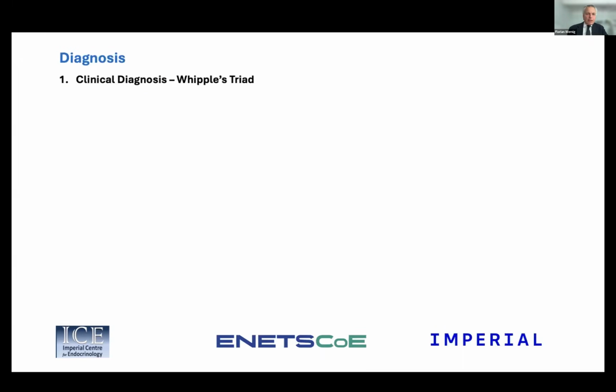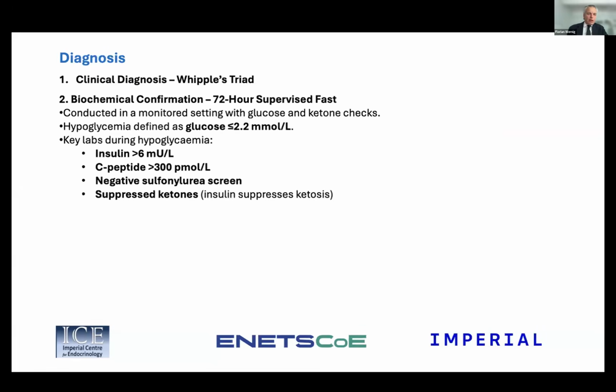The diagnosis is made clinically by the Whipple's triad, which means symptoms of hypoglycemia, documented hypoglycemia, and relief of hypoglycemia by food. Then the gold standard biochemical confirmation is a 72-hour supervised fasting test. And that needs to be conducted in a monitored setting with glucose and regular ketone checks.